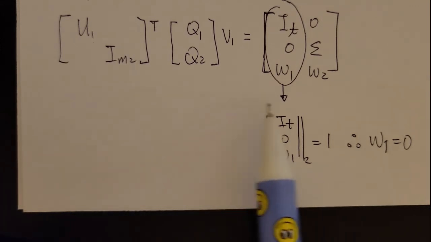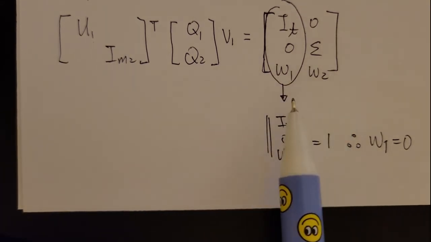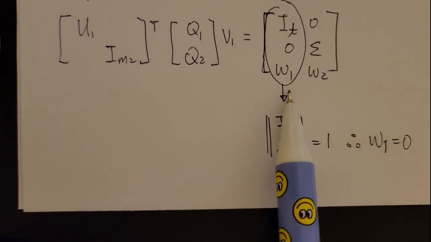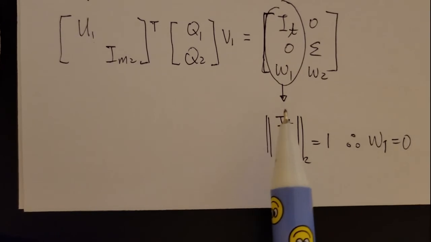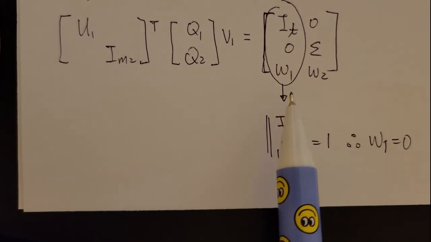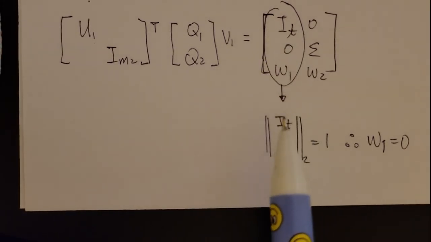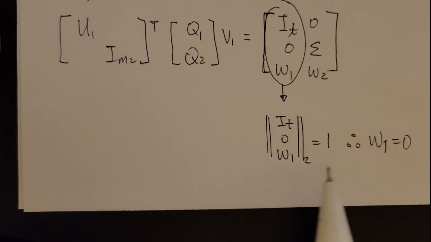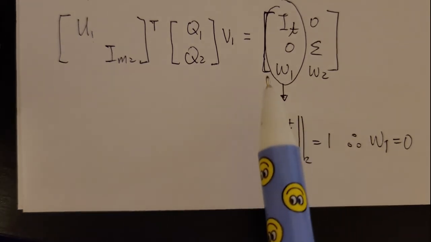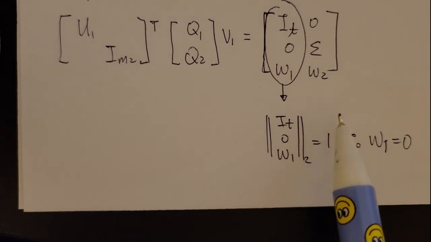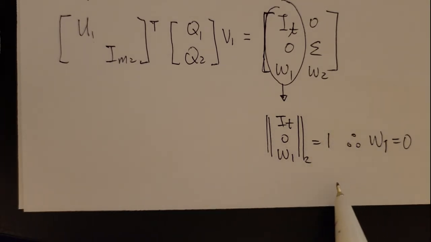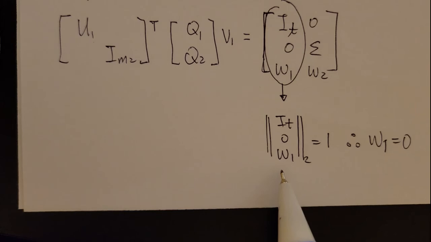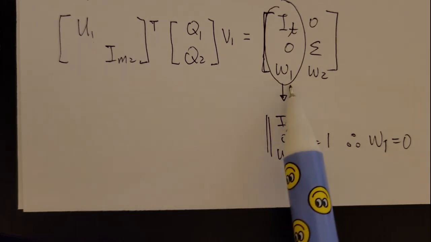So then you have this matrix, which has a partition. The first partition of this matrix should have a 2 norm of 1. That's because this matrix that we have created is an orthonormal matrix, and so the 2 norm of each column has to be 1.